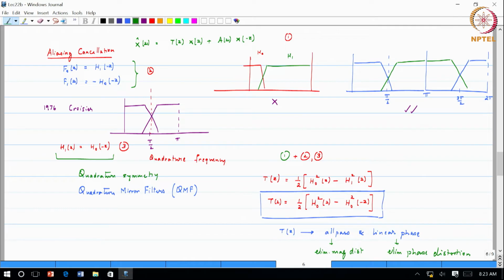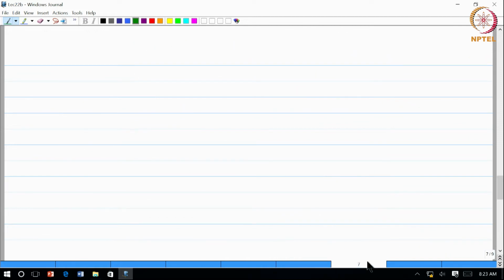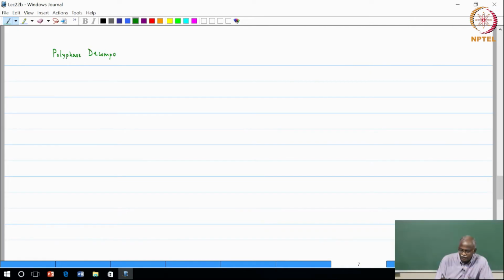So we said, okay, from now on we will work only with the QMF situation, because that has simplified our problem by one level, but how do I get solutions that are useful in terms of the design of the filters? So we go back to the tools that we have already developed, polyphase decomposition, and ask if this gives us any insights into the design of the 2-channel filter bank.